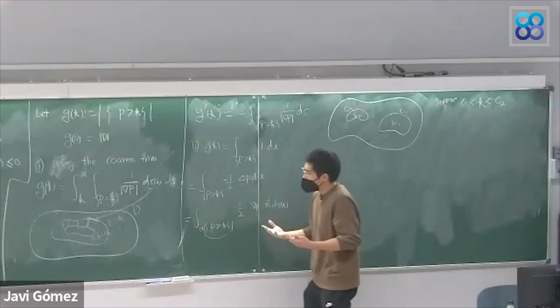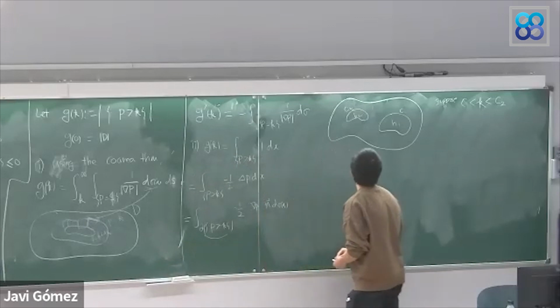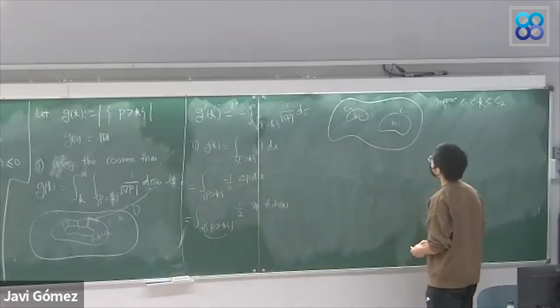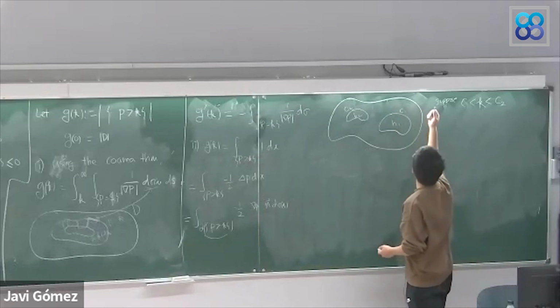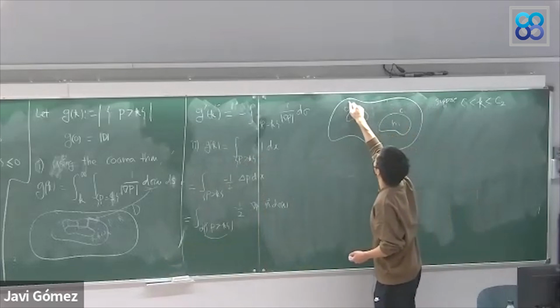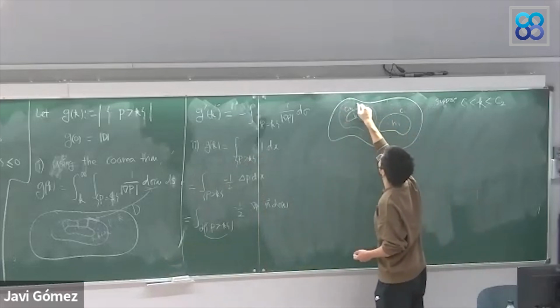So you can imagine that the superlevel set, the level set corresponding to K, is around the larger value, this guy, right?